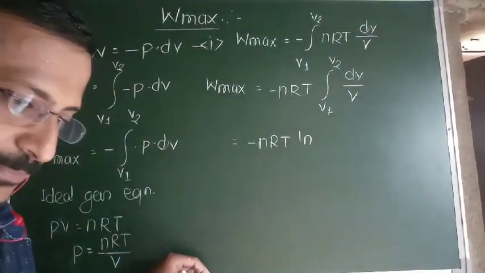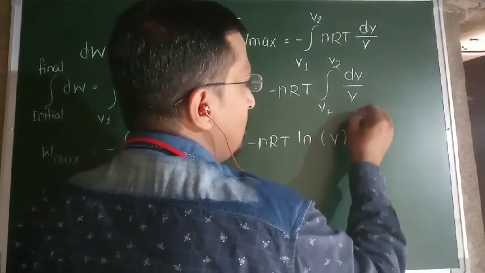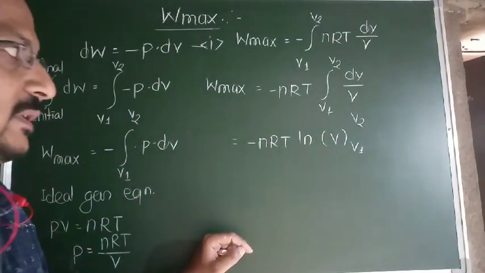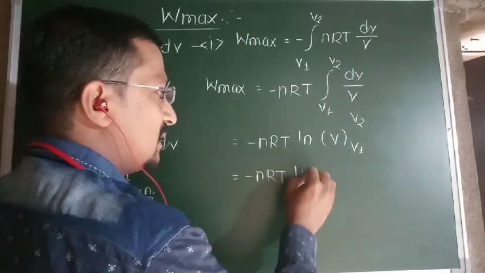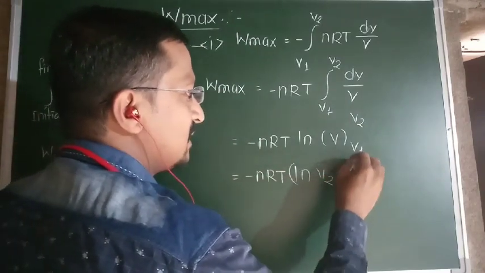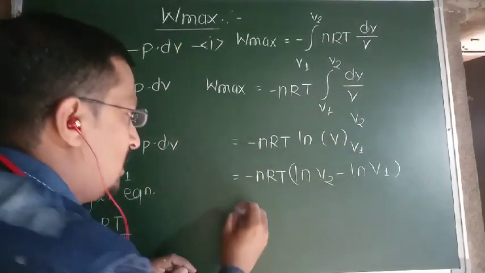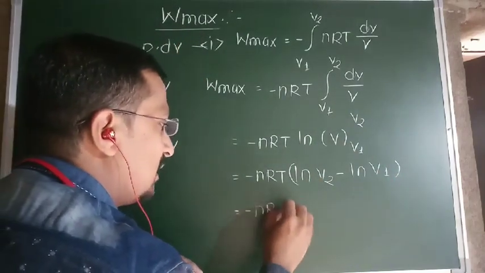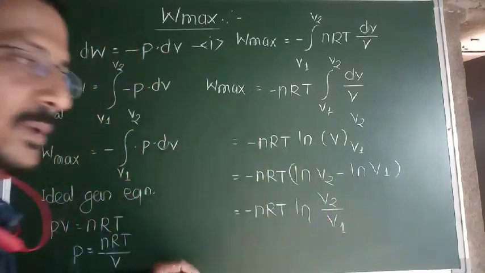So ln of V from V1 to V2, and again if you solve, it is minus nRT into ln V2 minus ln V1, upper limit minus lower limit. That is equal to minus nRT ln of V2 divided by V1.